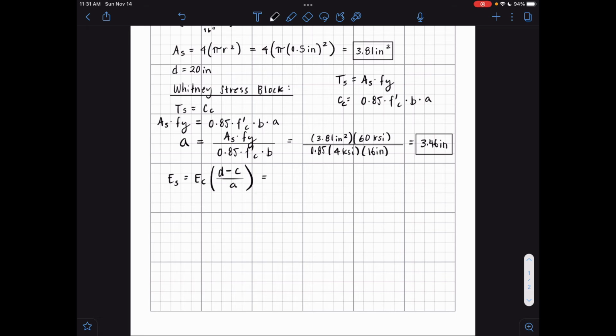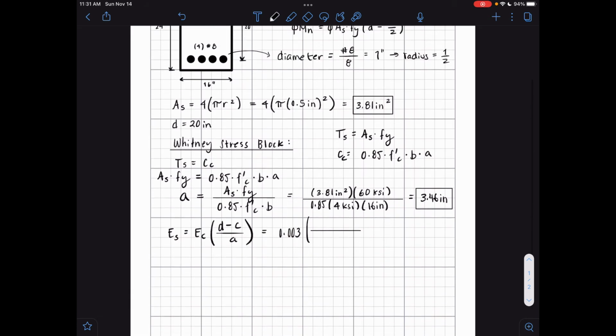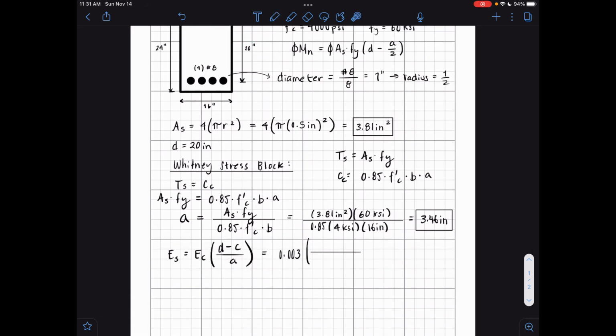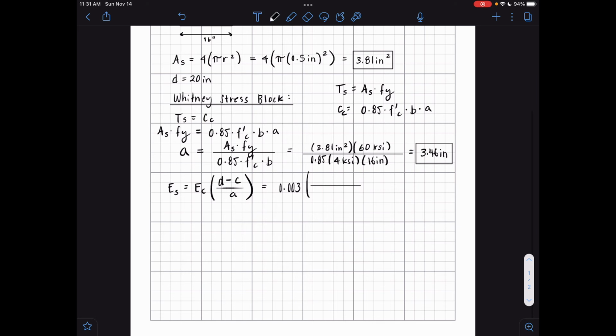So this is going to equal 0.003 times d, which we already know is 20 inches, minus c, which can be taken as a divided by 0.85.